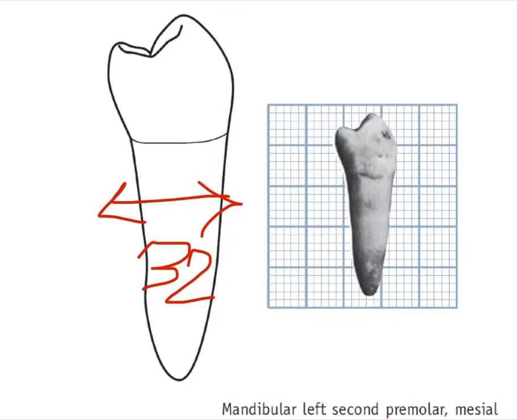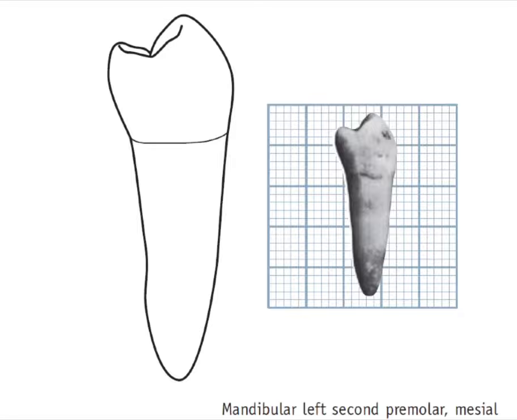So what we will see is the location of the cusps and the height of contour, both buccally and lingually. The buccal height of contour, as you can see here, is located 16 millimeters from the midline and in the middle cervical third.